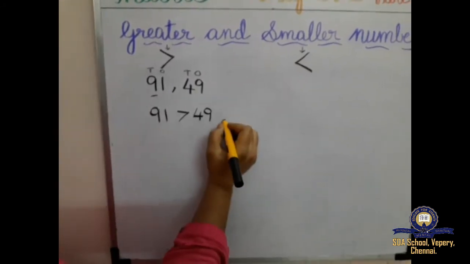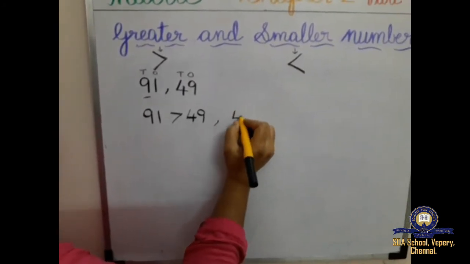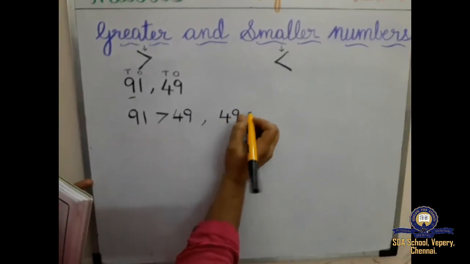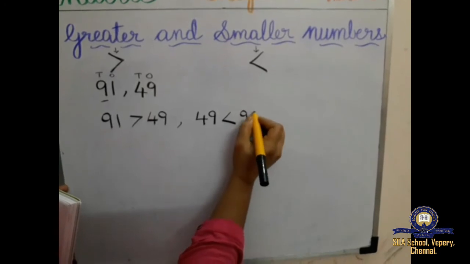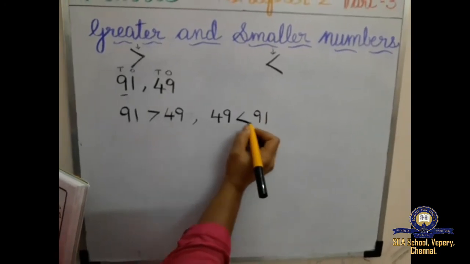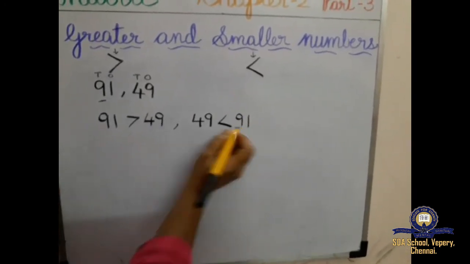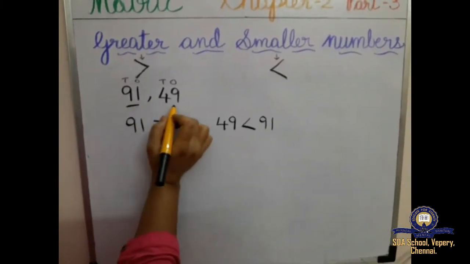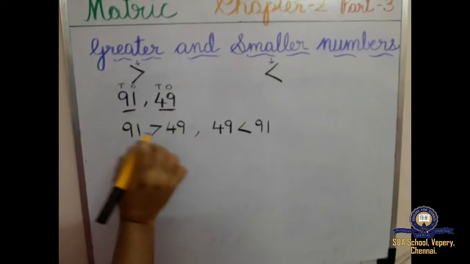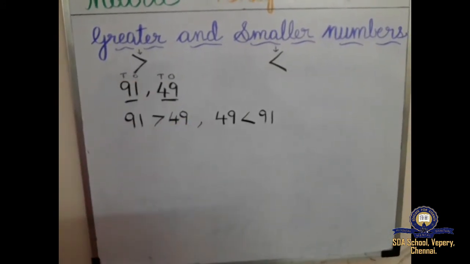Similarly, we can write it: 49 is smaller than 91. Now we have seen how to find the greater and smaller number with double digit numbers.